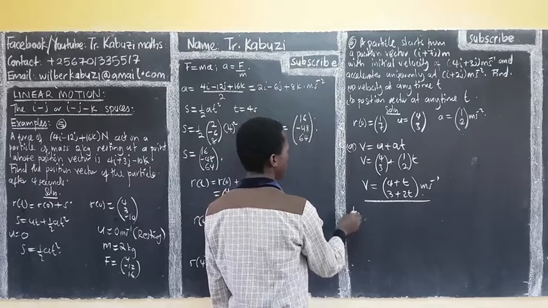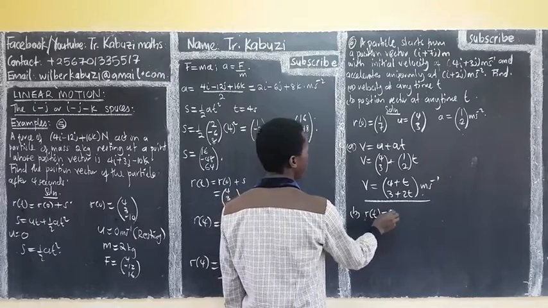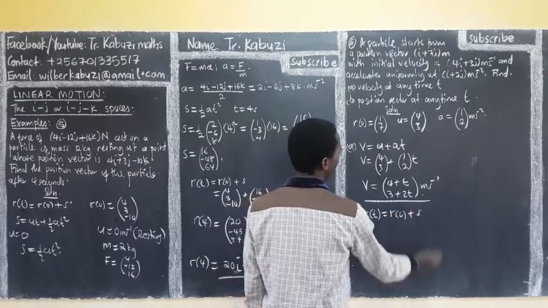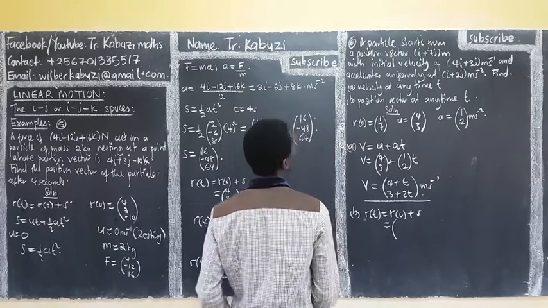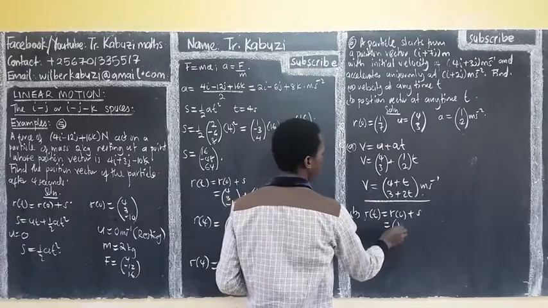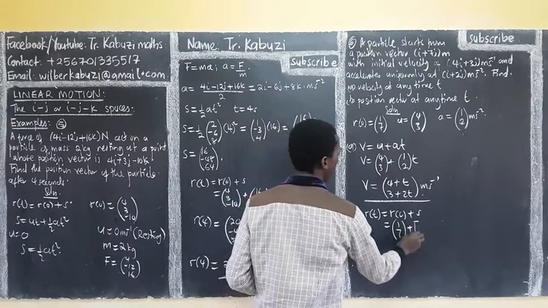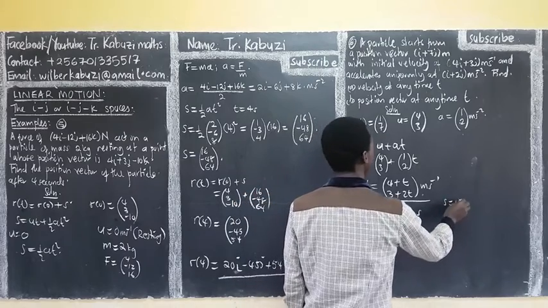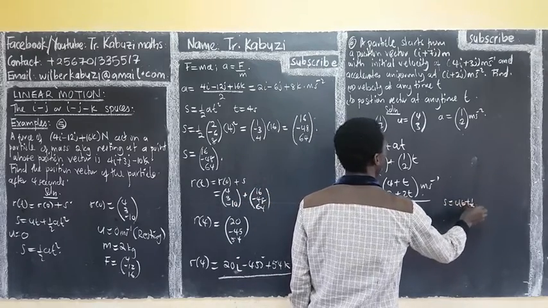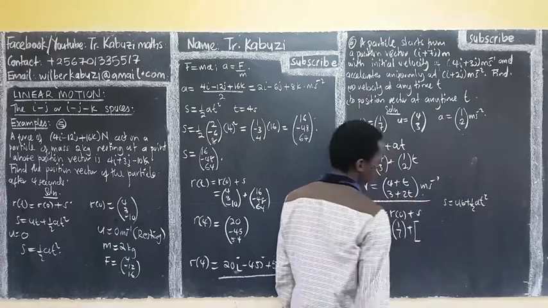The position vector at any time is going to be r naught plus s. Our r naught is here (1, 7), then plus s. How do we get our s? Remember our s is given by ut plus half at squared.